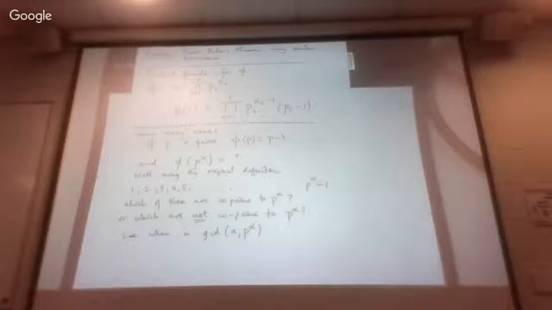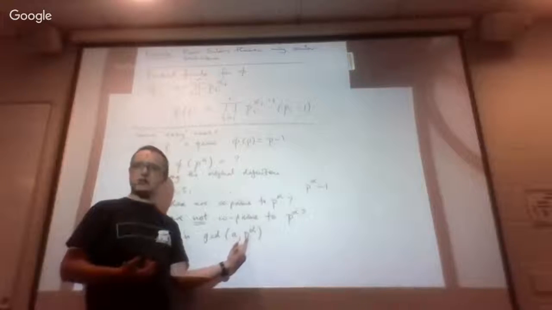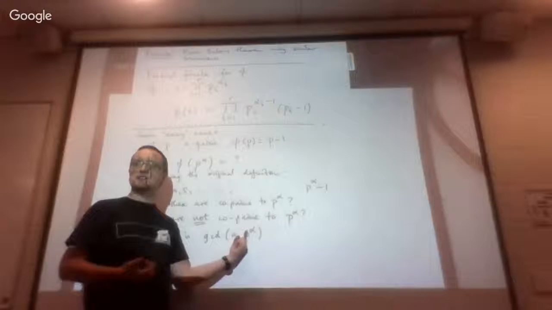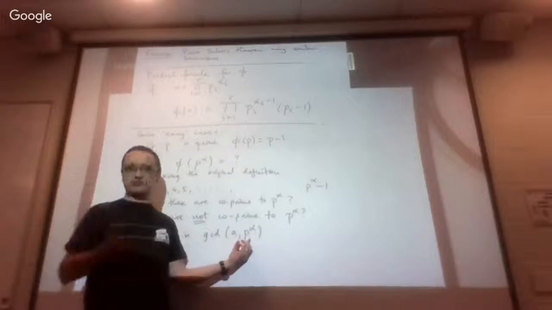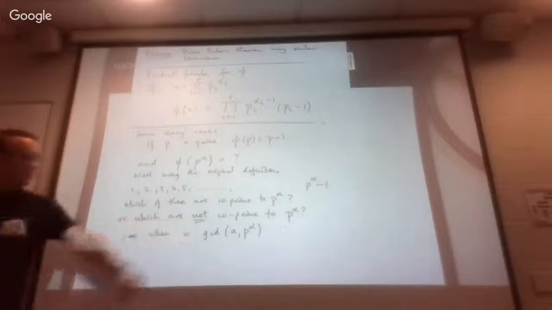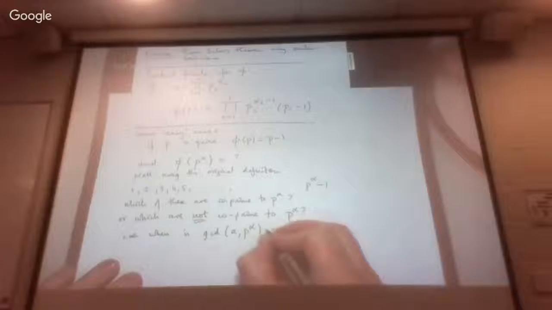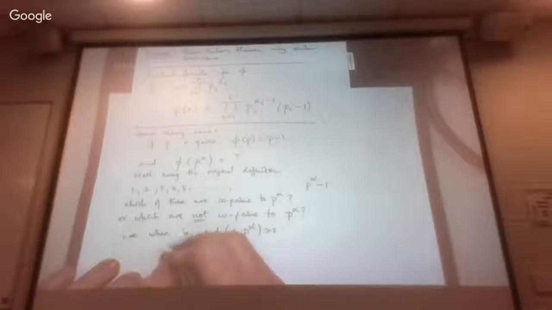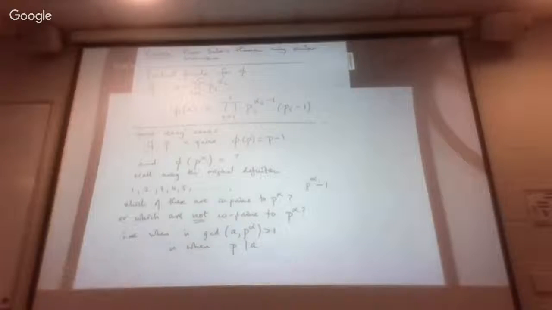Well, p and like p squared and p cubed, and yeah, so the powers of p up to p to the alpha. But essentially only p really. So the only way you can have a greatest common divisor of a with p to the alpha strictly greater than 1 is when p divides a.